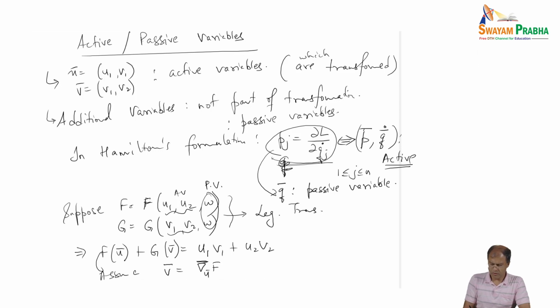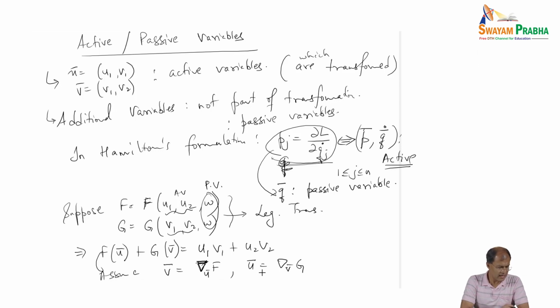Okay. So I'm writing everything in the vector notation. So v is the gradient of f with respect to u, and we have that u, of course, is the gradient of g with respect to the variable v. That is what we have.